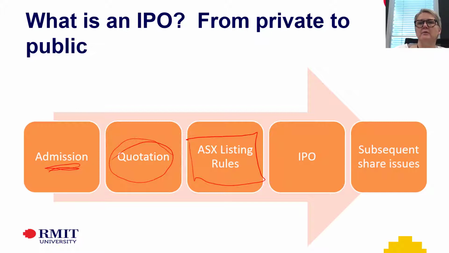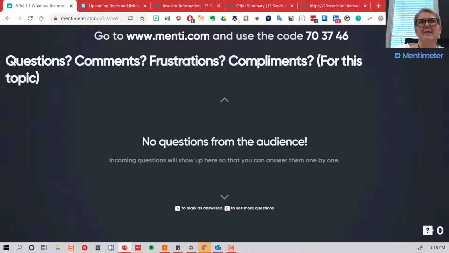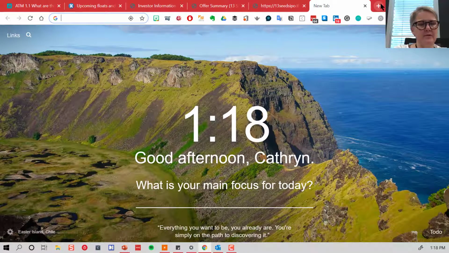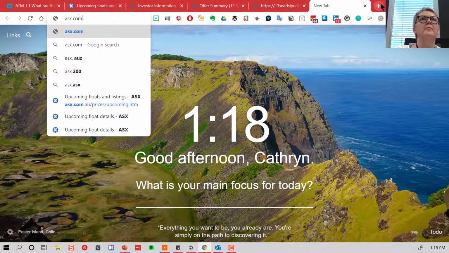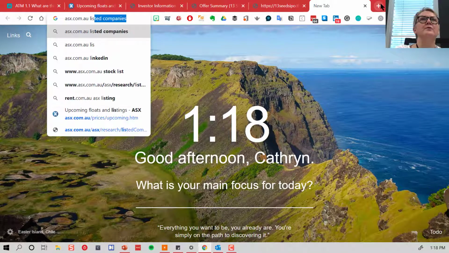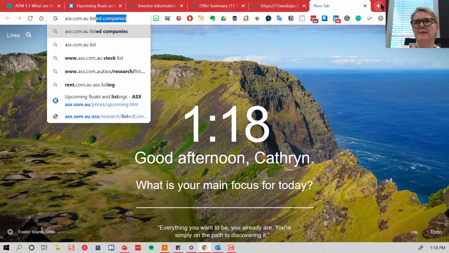Actually, listing rules, let me just pop out of there for a second. I just want you to see the ASX listing rules. They are in a database in our resources, online, so in the library.